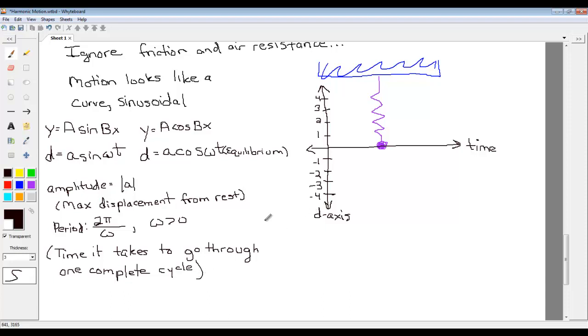Okay, and that's going to be the breakdown of how we're going to incorporate the equation with this kind of behavior. If you have d equals a cosine omega t, that's for an object at greatest distance from rest.